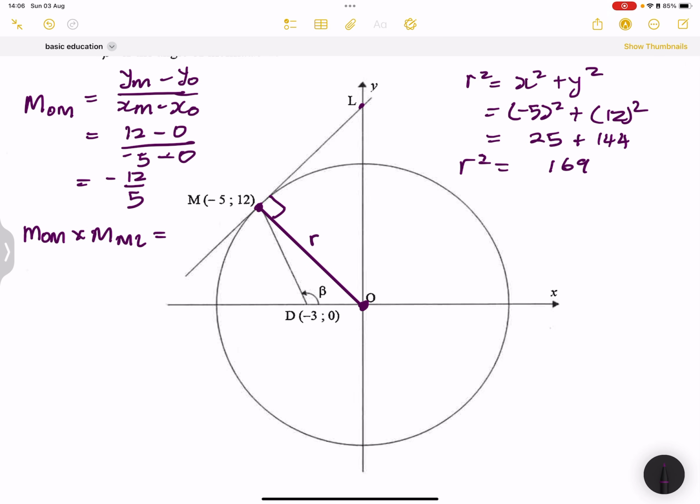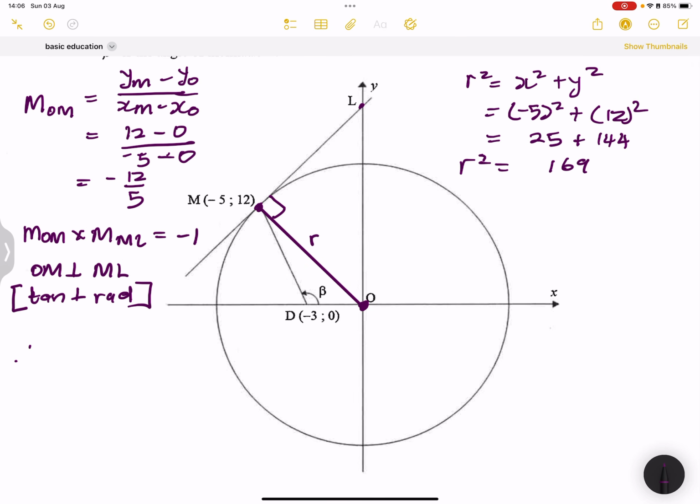The reason for that is that OM is perpendicular to ML. Let's write down the reason: tangent perpendicular to radius theorem. So what does that tell us?